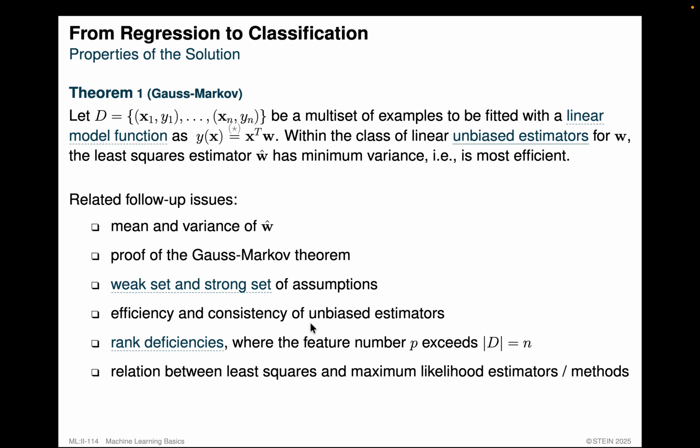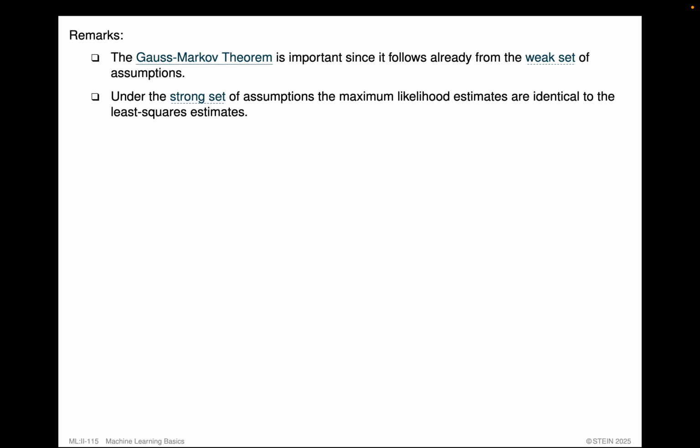We still have the efficiency and consistency of the unbiased estimator, as well as how to deal with the deficiencies of the input matrix X with regards to its rank. So meaning whether the columns of that matrix are linearly dependent or not. And we have the relation between the different kinds of things. So this is all advanced topics that we will not go into here.